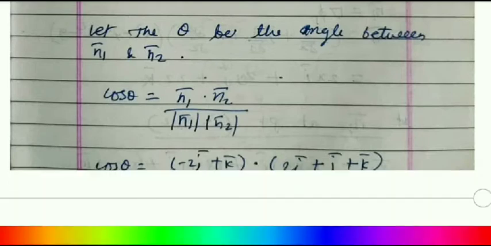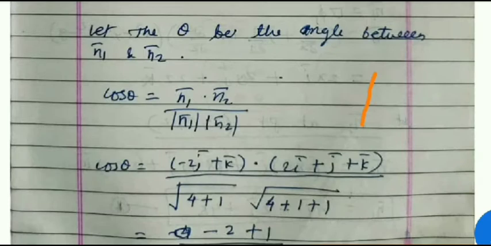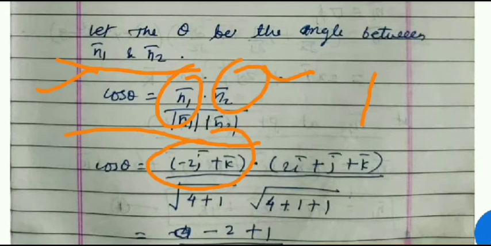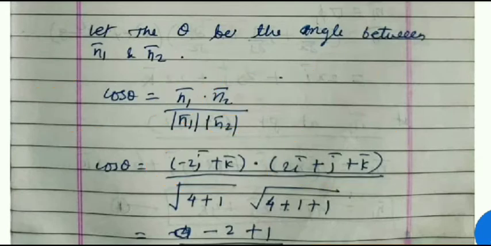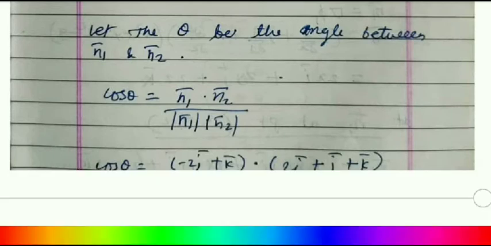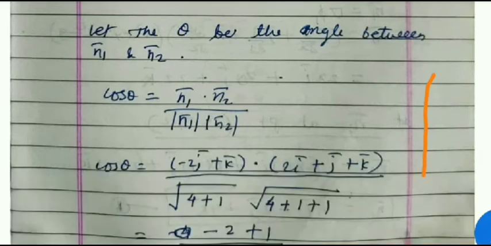So the angle between two normal vectors n1 bar and n2 bar is cos theta equals n1 bar dot n2 bar upon mod of n1 bar into mod of n2 bar. Put the value of n1 bar, put the value of n2 bar, take the dot product, and in the denominator write the magnitude of n1 bar and the magnitude of n2 bar.